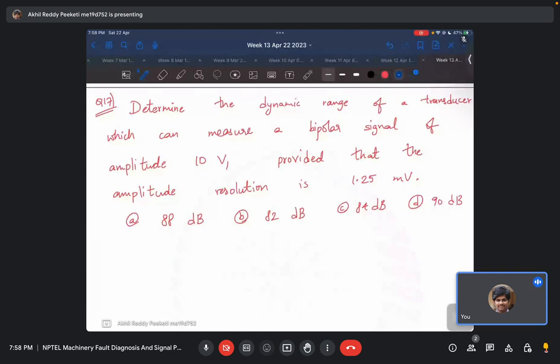Determine the dynamic range of a transducer which can measure a bipolar signal of amplitude 10 volts, provided that amplitude resolution is 1.25 millivolt.